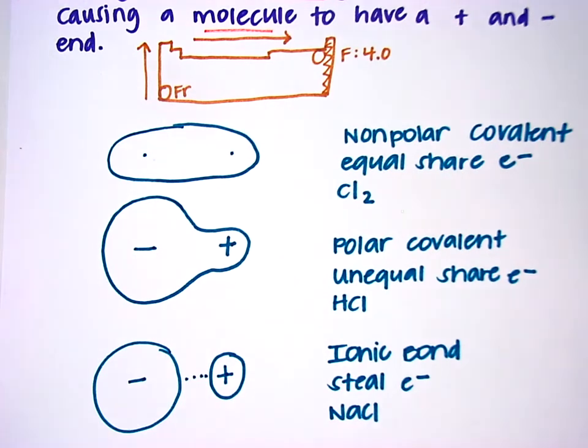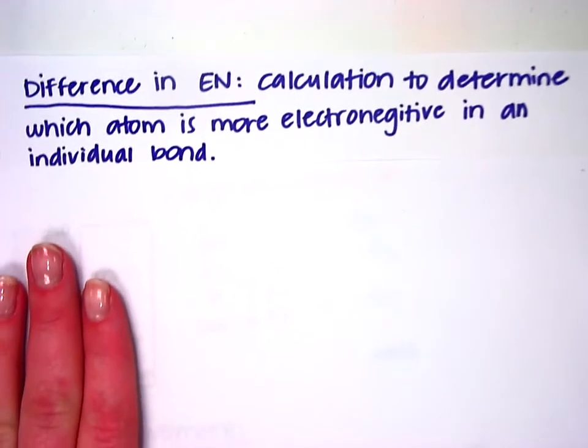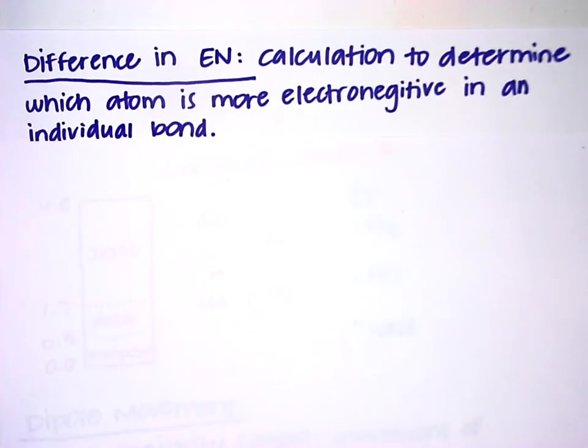In order to determine if something is polar or not, we are going to calculate what is called the difference in electronegativity. The difference in electronegativity is just a calculation that helps us determine which atom is more electronegative in an individual bond. Before I keep going, I want to explain what I mean when I say individual bond.